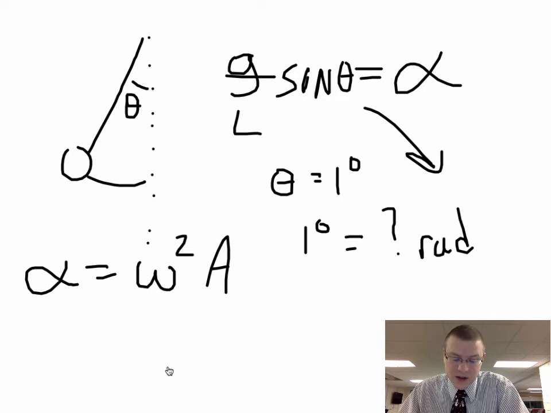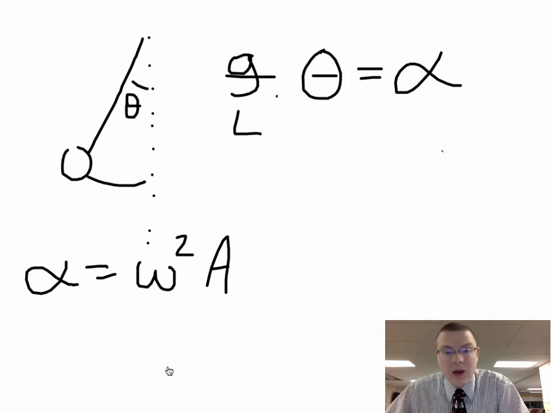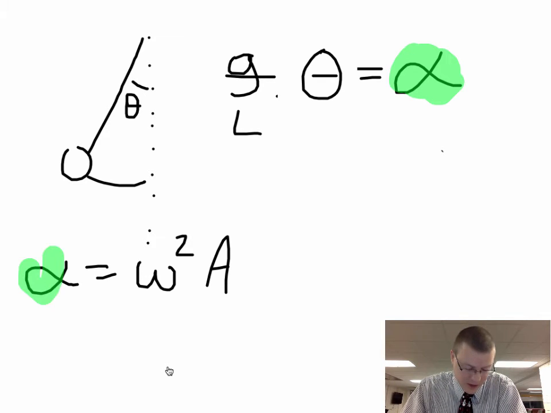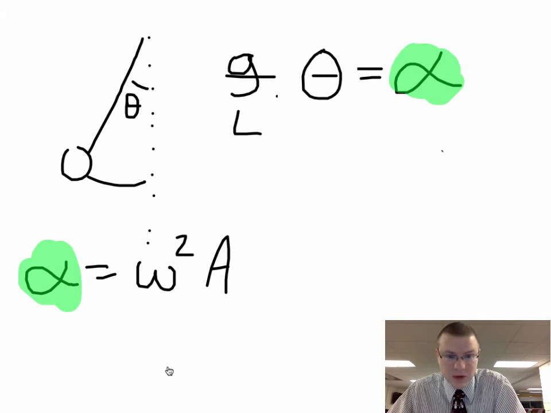So let's do that. Let's translate theta into radians, which means that I can just replace sine of theta with theta. And now I have an acceleration equation for my theta with two constants, g and L, and I have a maximum acceleration for things in simple harmonic motion. Since we have those two accelerations, let's set those equal to each other.